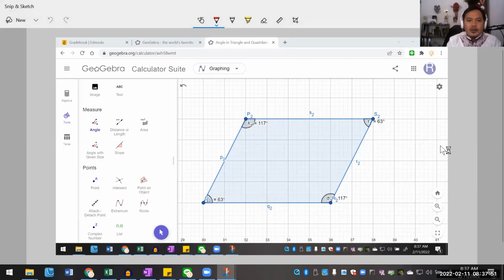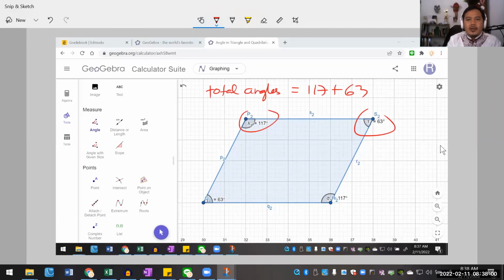The total of the angles is going to be 117, added with 63, and then added with 117 and then added with 63. It said that Akasha said it is 360. Again, another 360. But let's prove that. Where's my calculator?